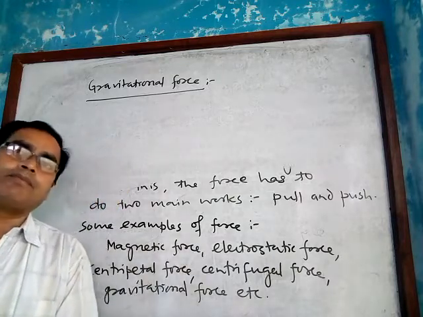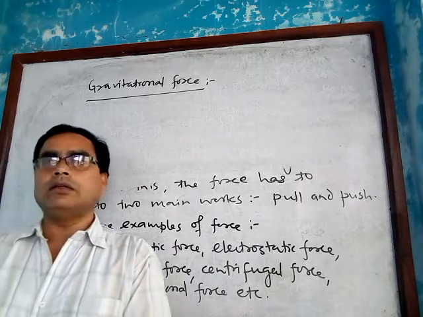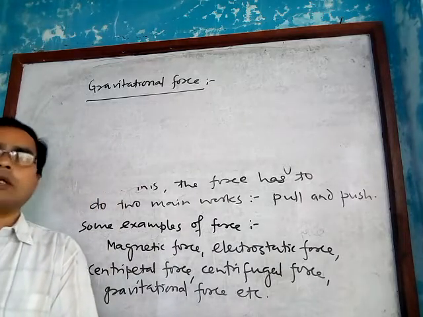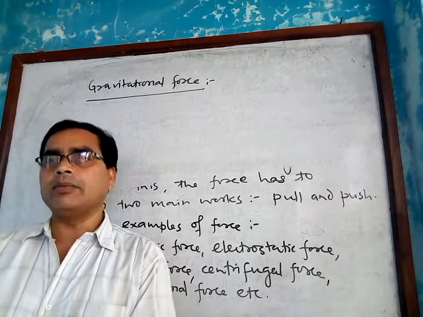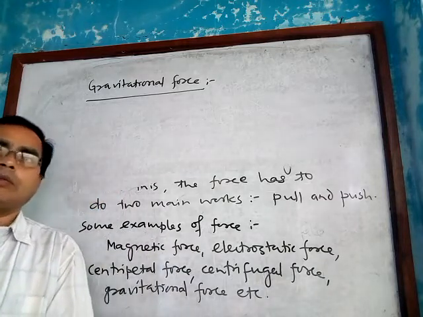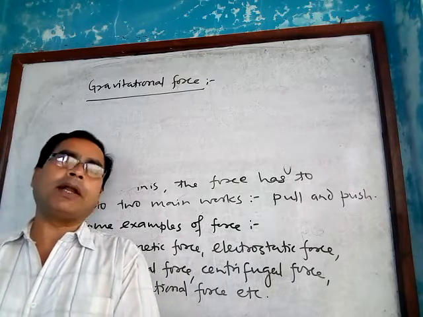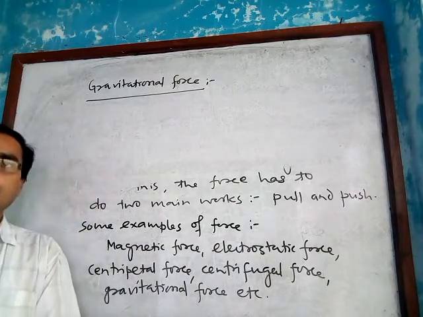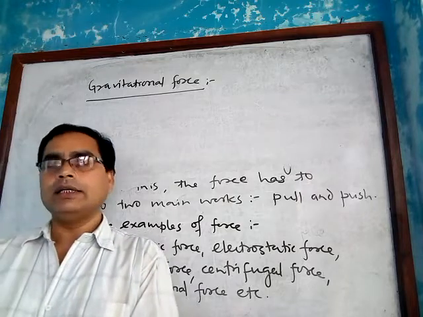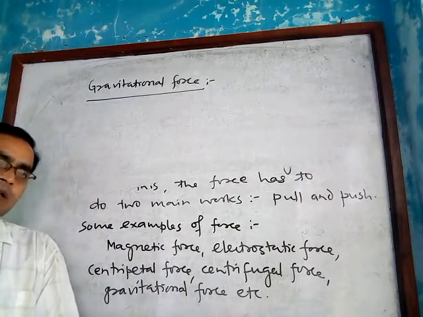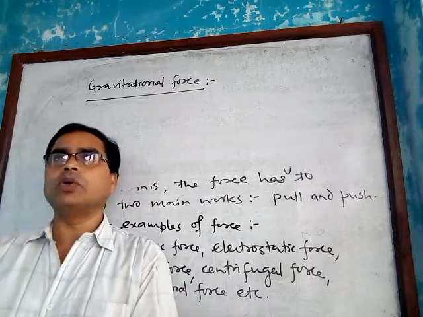Further, he concluded that the earth and other planets are revolving around the sun because of the force of attraction between them, and then he called this force between the planet and the sun the force of gravitation.